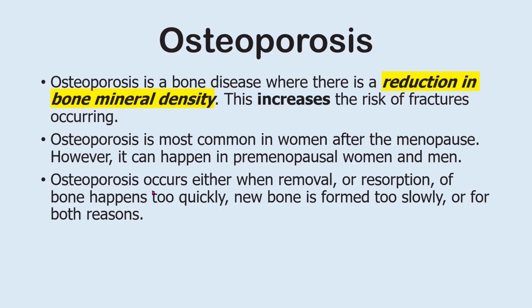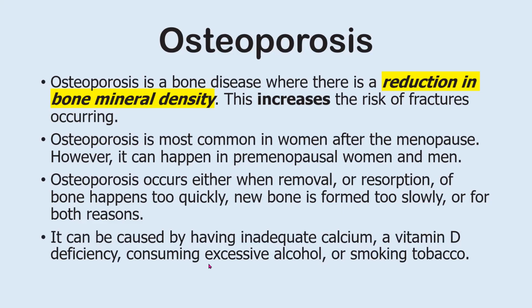Osteoporosis can occur when there's removal, that means the cells remove too much of the bone too quickly, or resorption back into the system, so it just becomes thinner, and the new bone can't form fast enough to replace it. So when there's a problem in communication with all those cells we talked about before, and more bone is removed but not replaced quickly enough, then you have a problem.